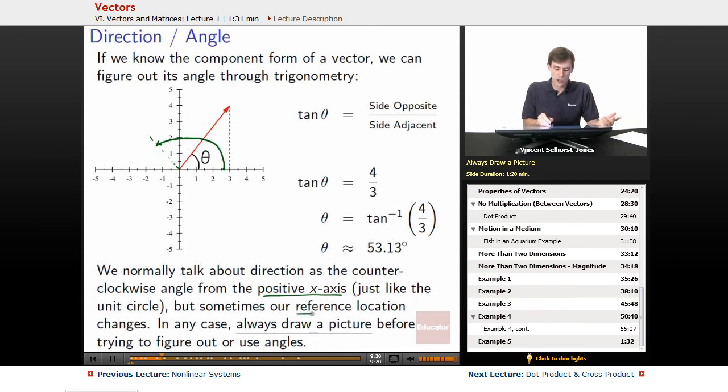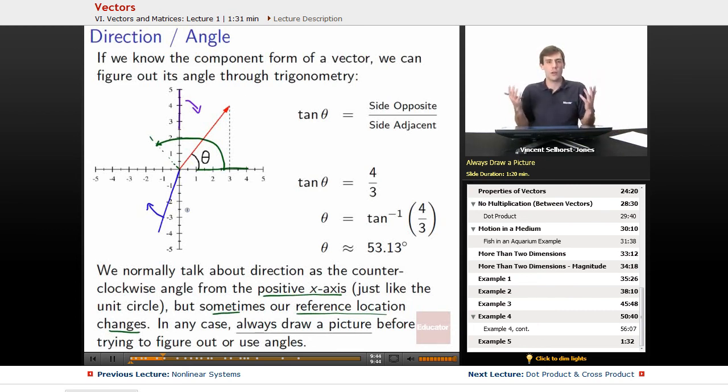But sometimes the reference location will change. We won't be using this nice positive x-axis that we're used to, but maybe we'll be talking about how far we are off of the vertical y-axis to the right. Or maybe some other thing, like we've got this other angle created, and we're talking about how far we are off of this other thing in some angle going clockwise.